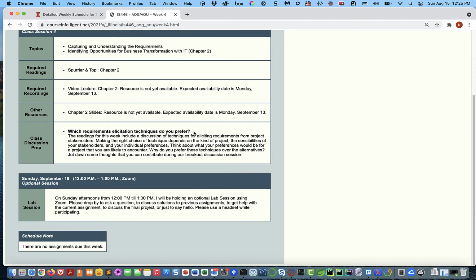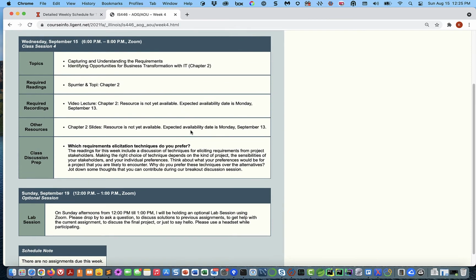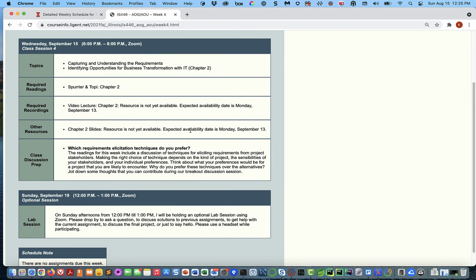And in week 4, we're going to be talking about the process of capturing and understanding the requirements for whatever solution we're going to buy or build. We're going to be covering Spurrier and Topi chapter 2.